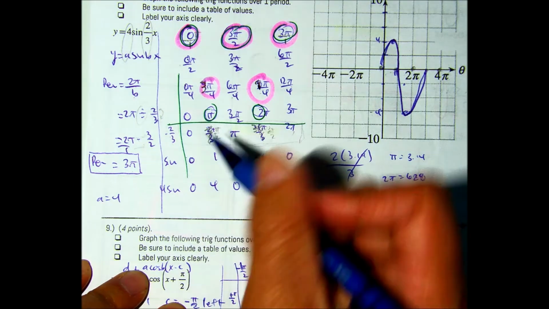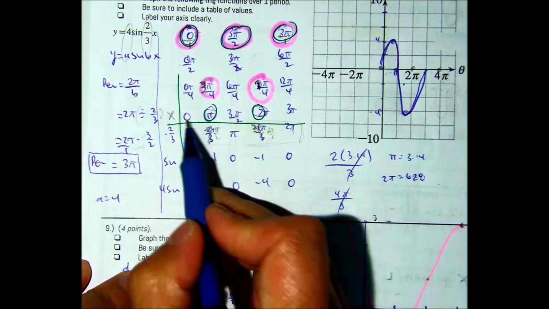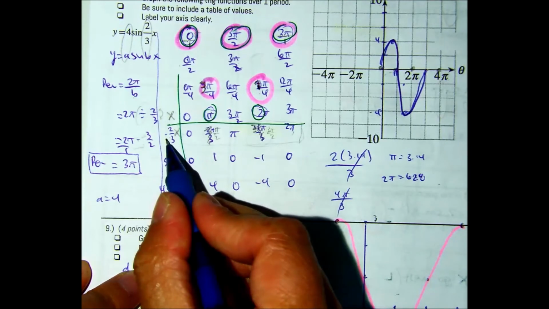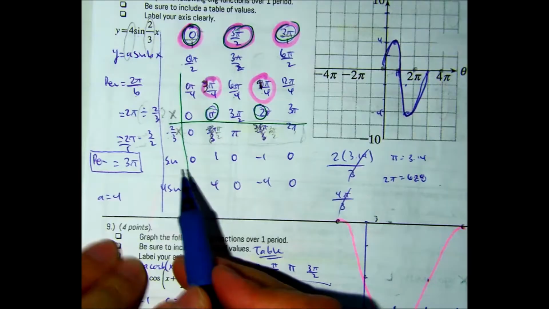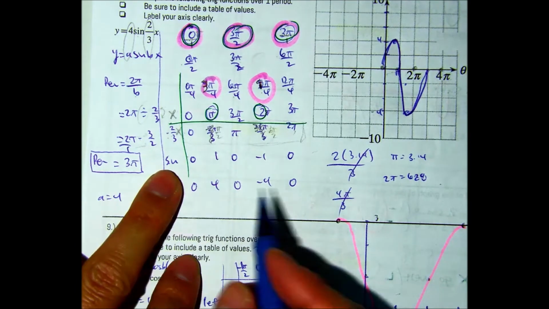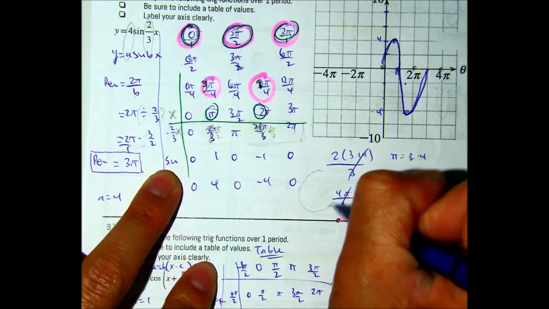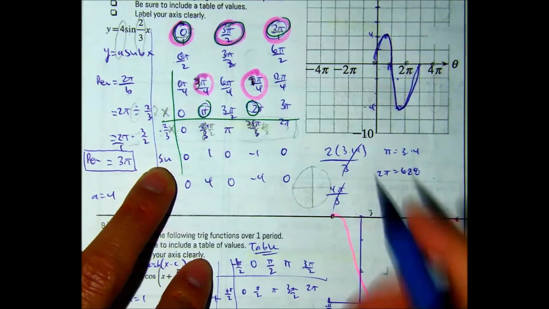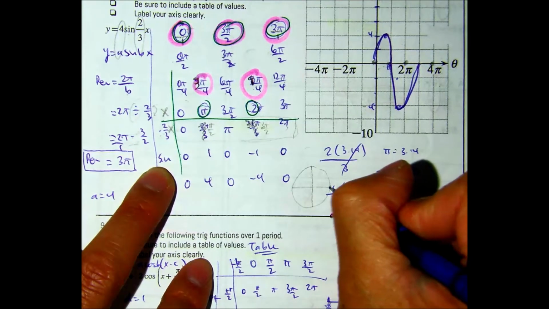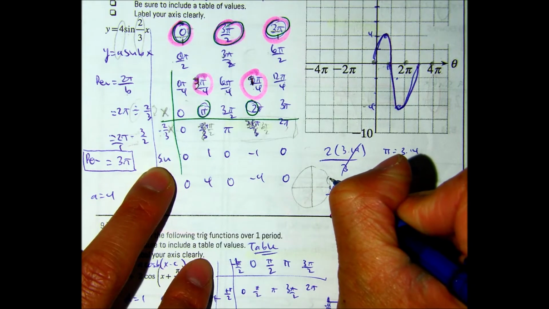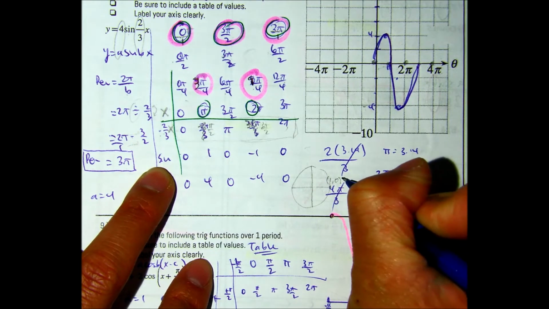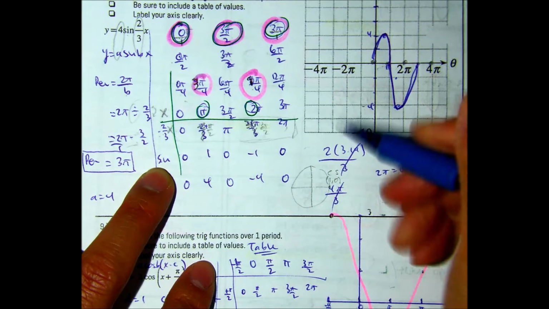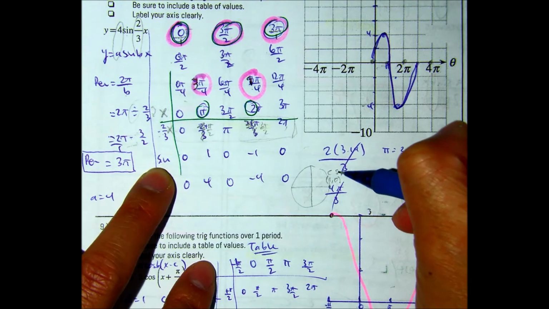Well, these are my x values. We multiplied our x value times 2/3, and now we're just going to find sine there. Remember, if you just have your unit circle, you don't have to have one, you can just draw a quick one. Sine at 0 is (1, 0), and sine is the second part of the ordered pair, so that is 0.